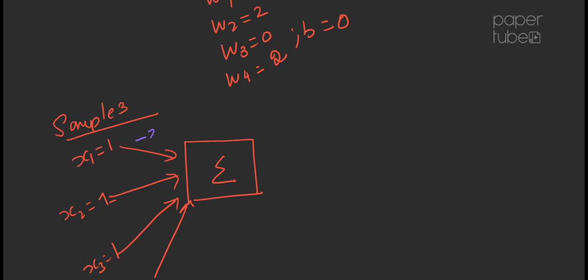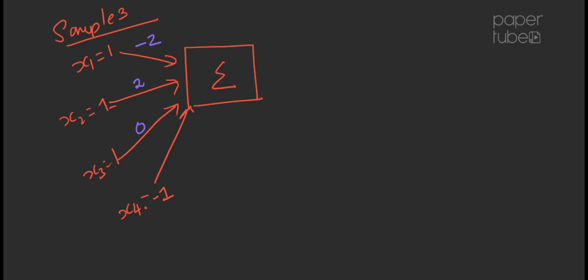So let me write down the weights. Weights are given by -2 for w1, +2 for w2, w3 is equal to 0, w4 equal to 2, and the bias, which is equal to 0. That's the updated bias.